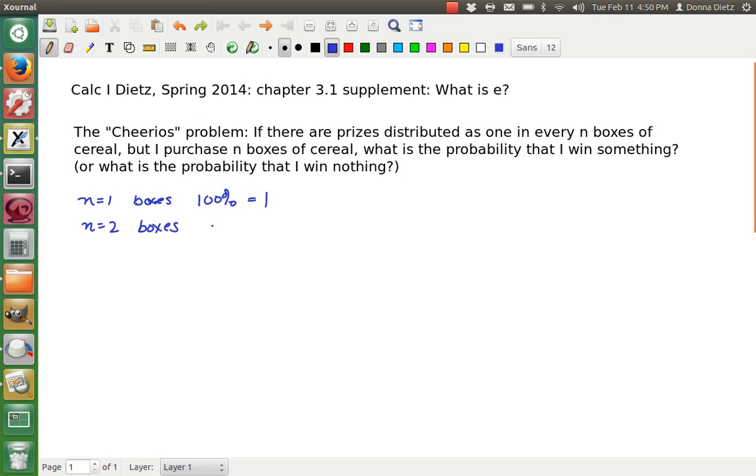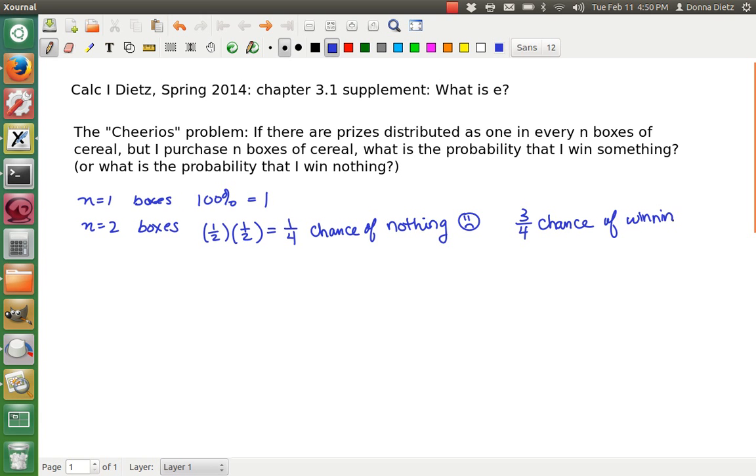So it's a 1/2 chance that you win nothing on the first box, and 1/2 chance that you win nothing on the next box, so 1 over 4 chance of nothing. So you have a 3 in 4 chance of winning.